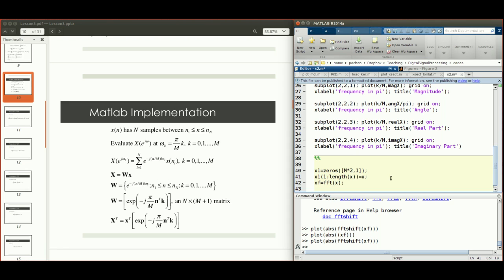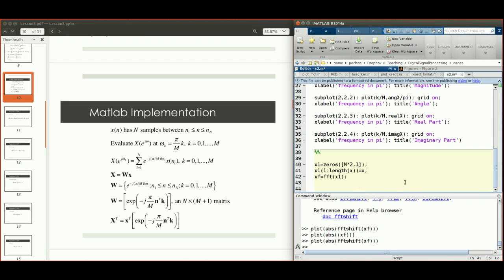So basically I'm padding zeros behind x, and this new vector is called x1. For the first 5 points, x1 equals x, and then x1 just equals 0. After the first 5 points, it's all 0, and then my xf has to be the Fft of x1.